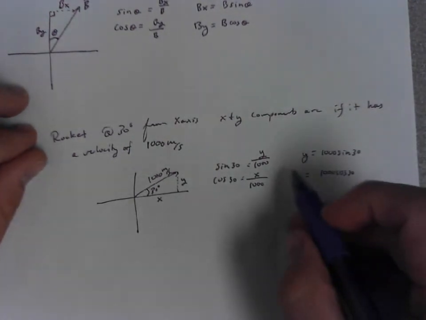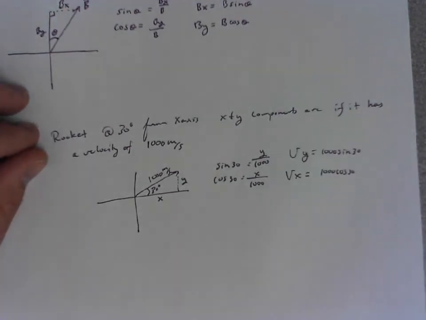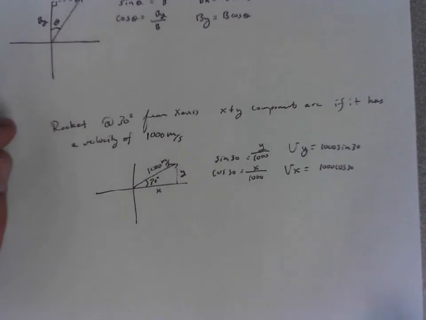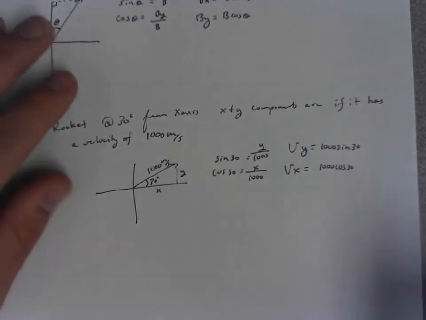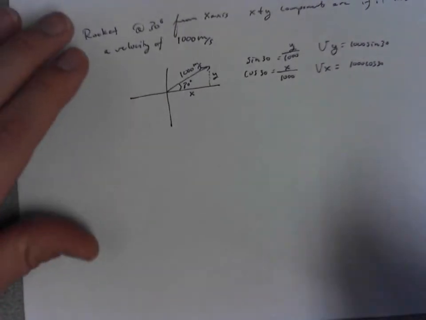Okay, now, a lot of the times we'd even label this as my velocity in the X direction, my velocity in the Y direction. Okay, with my overall velocity being just 1,000. Okay, let's look at another example.